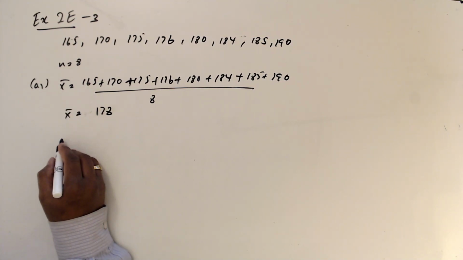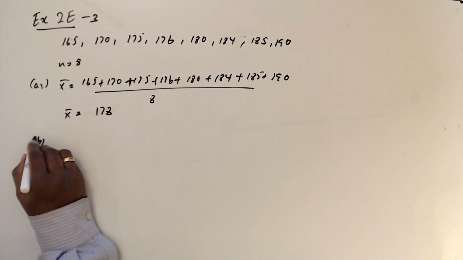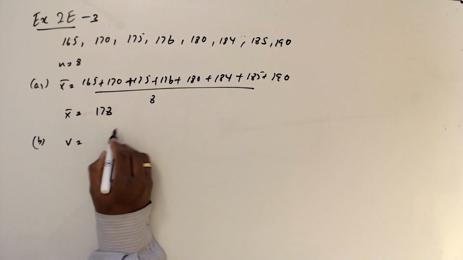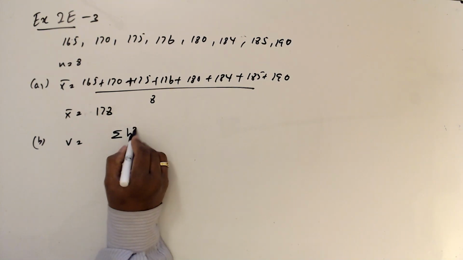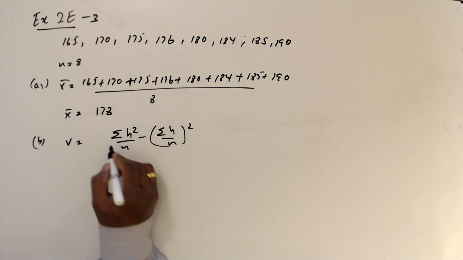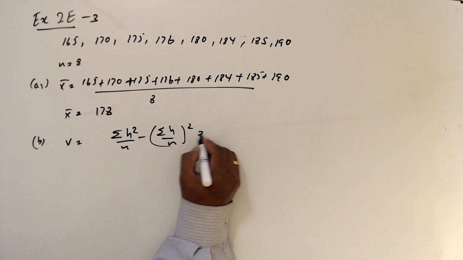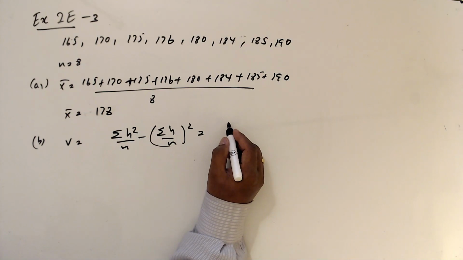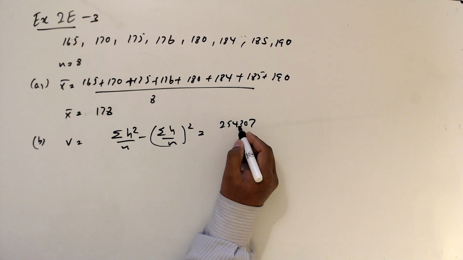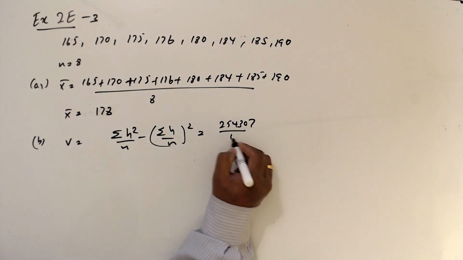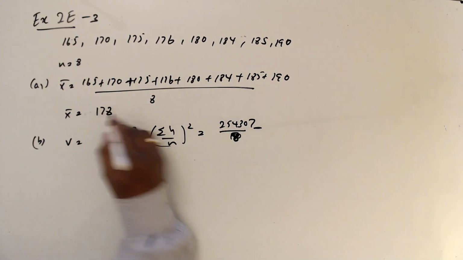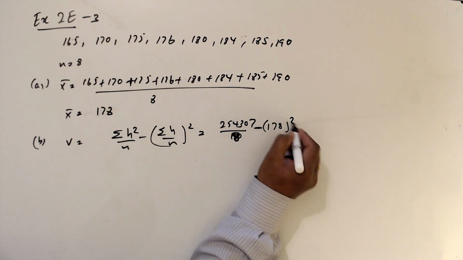So now the second part is variance. So variance is summation h square over n minus summation h over n square, and that is going to be 254,307 divided by n equal 8 minus 178 square.